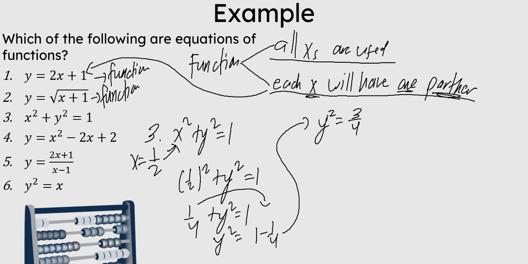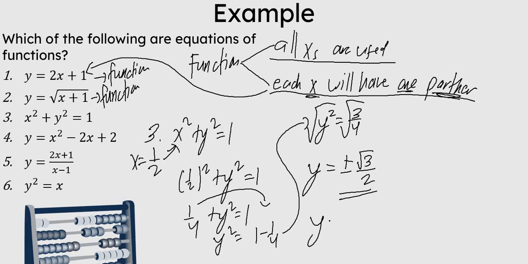Now, if I get the square root of y squared, as we recall when we solve radical equations, this will be y equals plus and minus the square root of 3/4, which is actually the square root of 3 over 2, if you check it in your calculators. What does this mean?